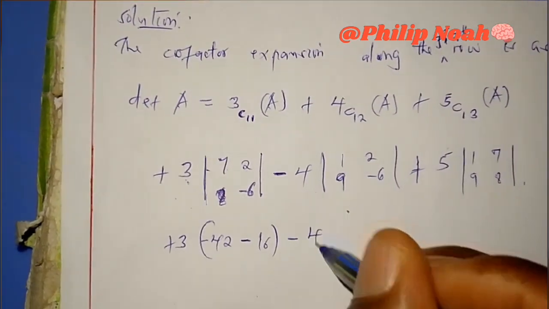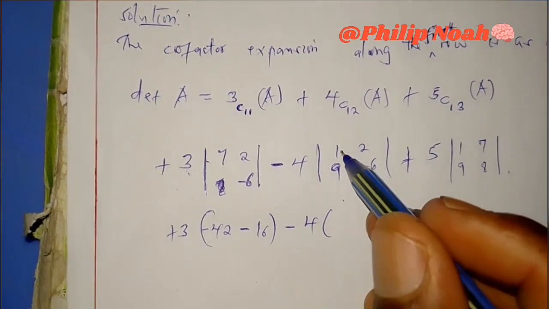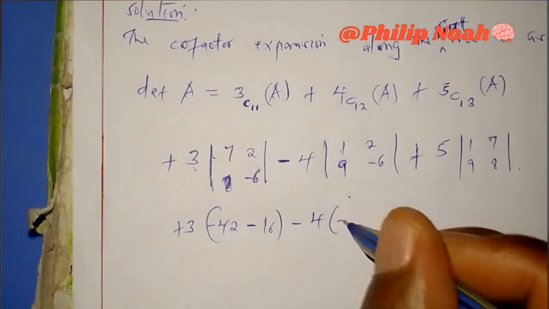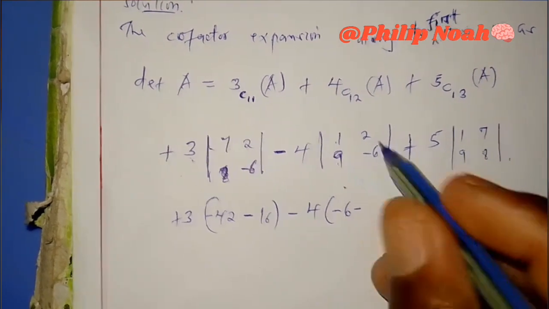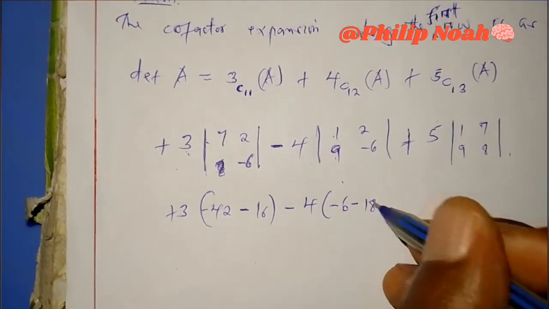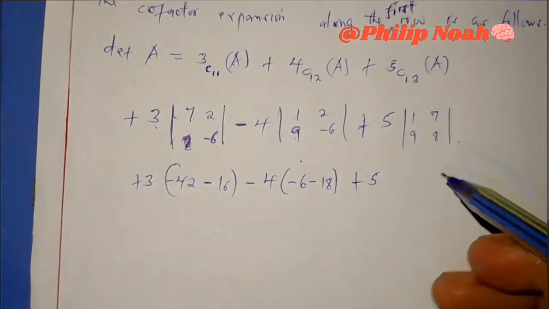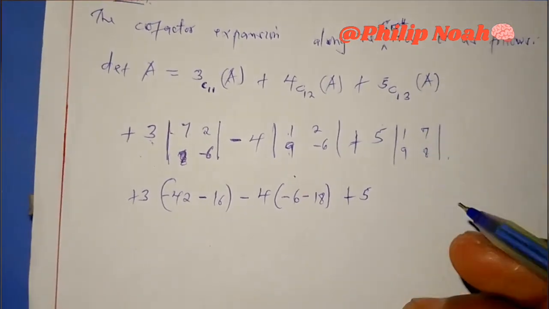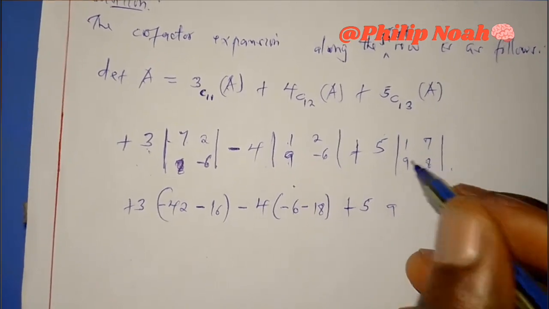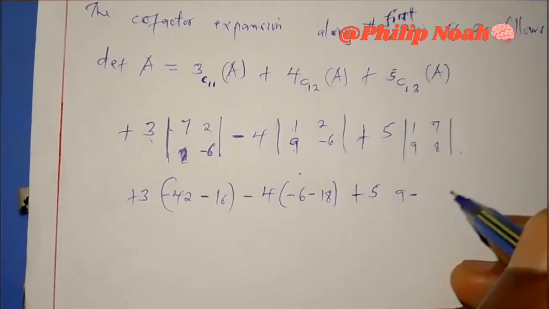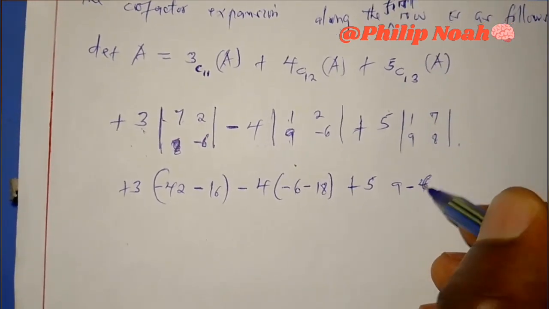We minus 4. This 1 times negative 6 is negative 6. We subtract 9 times 2, that is 18. Plus, this is 5 here. 8 times 1, that is 9. 9 times 7, that gives us 63, sorry.